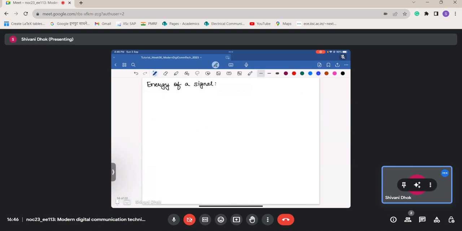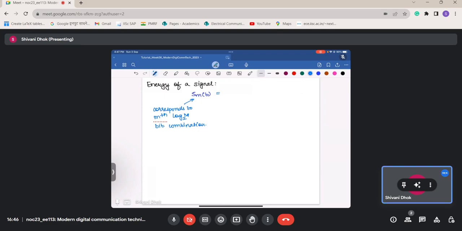So we have the signal SMT, and this corresponds to the mth log m to the base 2 bit combination. Right, and this SMT, let's say, can be constructed using n orthogonal bases.